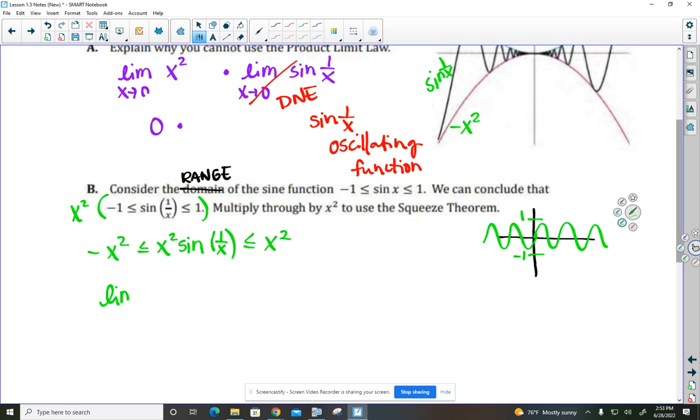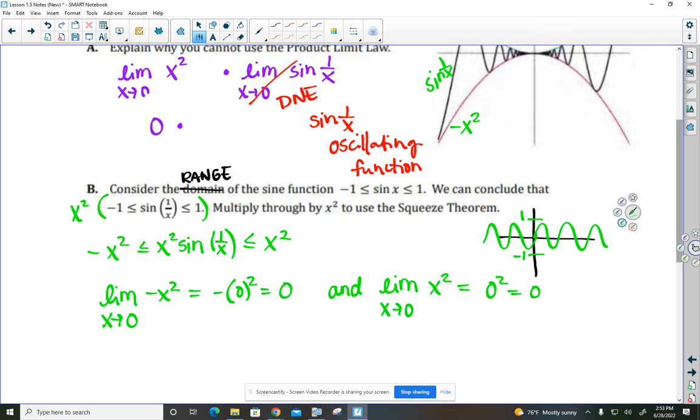So let's take a look. The limit as x approaches 0 of negative x squared would be 0. The limit as x approaches 0 of our other function, the top function, x squared, using direct substitution, would also be 0.